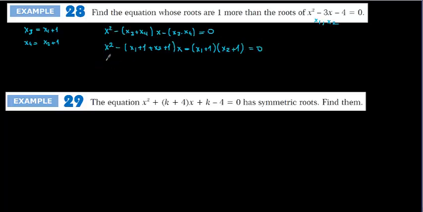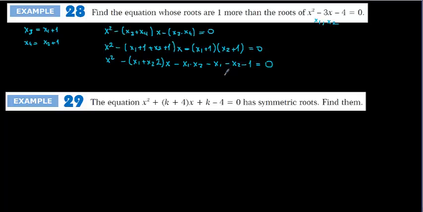Then it's equal to x squared minus (x1 plus x2 plus 2) x plus, and I'm going to multiply out the terms: x1 times x2, x1 times 1 equals x1, 1 times x2 equals x2, and 1 times 1 equals 1, so the equation is x squared minus (x1 plus x2 plus 2) x plus x1 times x2 plus x1 plus x2 plus 1 is equal to 0.